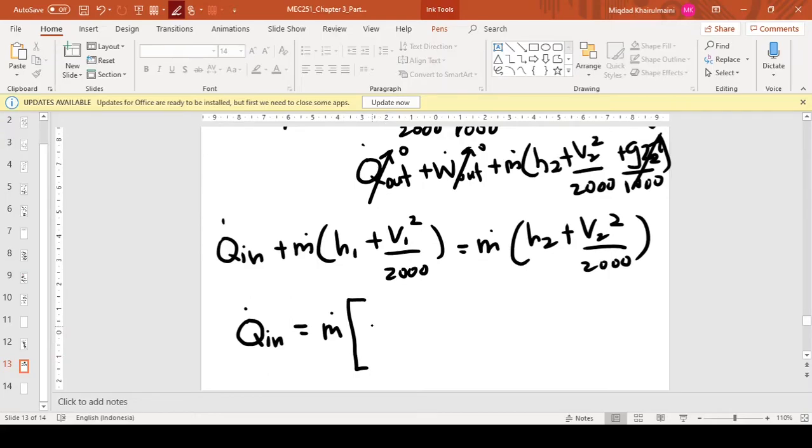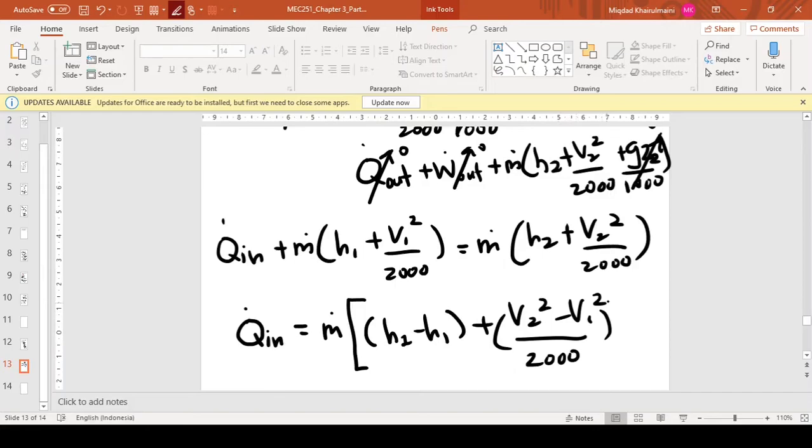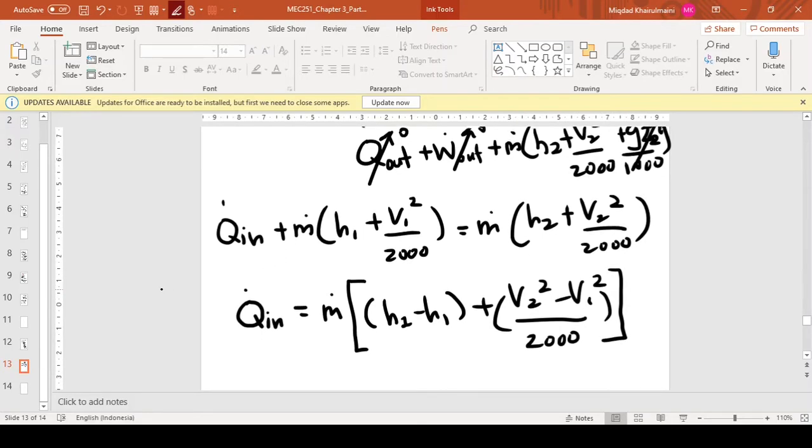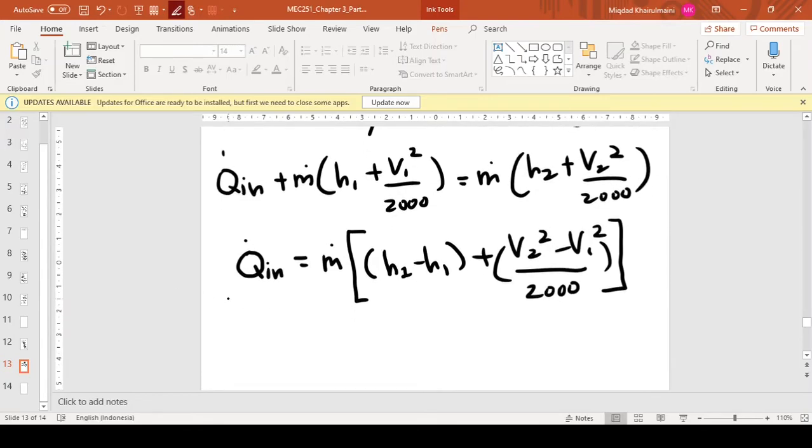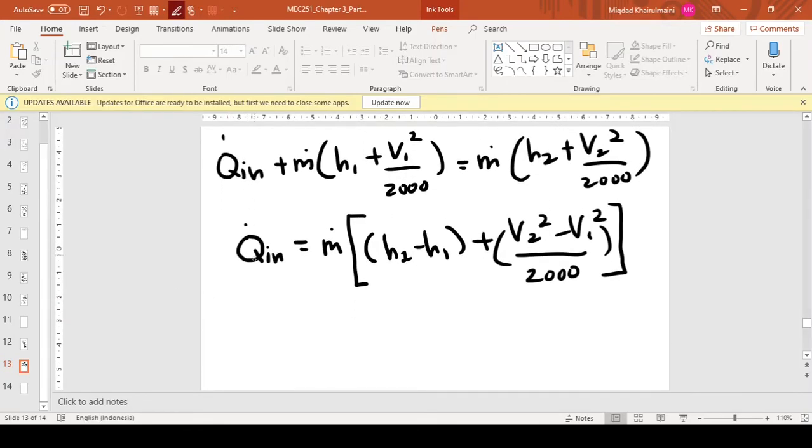Be careful with the brackets: H2 minus H1, plus V2 squared minus V1 squared over 2000. When we check on the values, we have Q in given in the question. We want to find m dot, so that's one unknown.